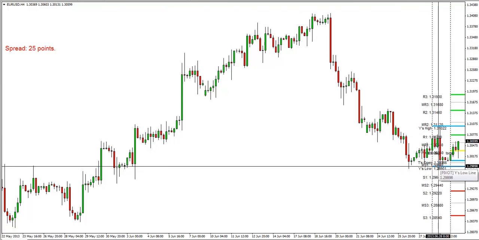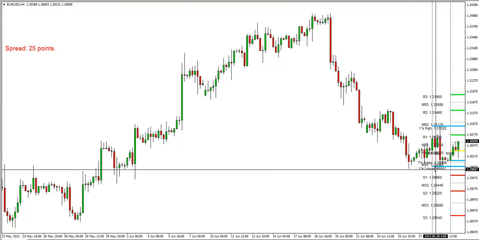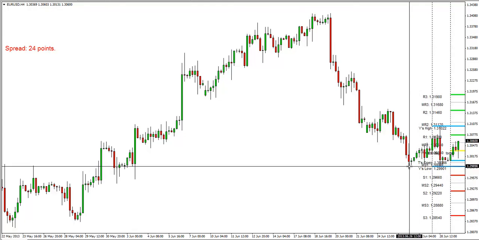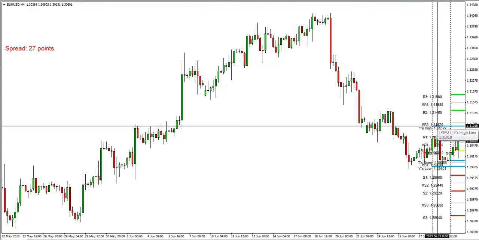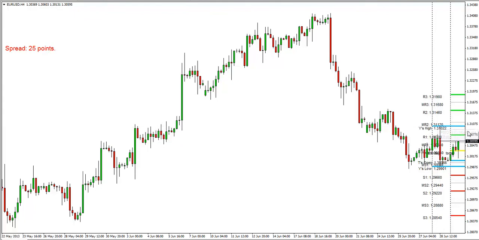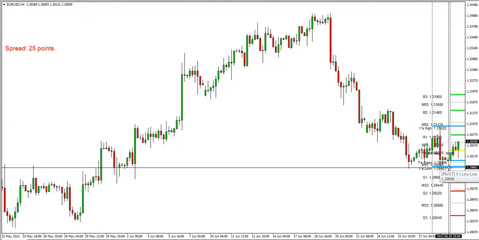So we have a lot of support that has developed at this area, which is actually last week's low, formed at 1.2990, and we have resistance that formed right above 1.3100, which is a fulcrum area and as well a psychological area for the price of the euro dollar. As long as we stay in this area, we're expecting a lot of consolidation going into Thursday in the euro dollar.